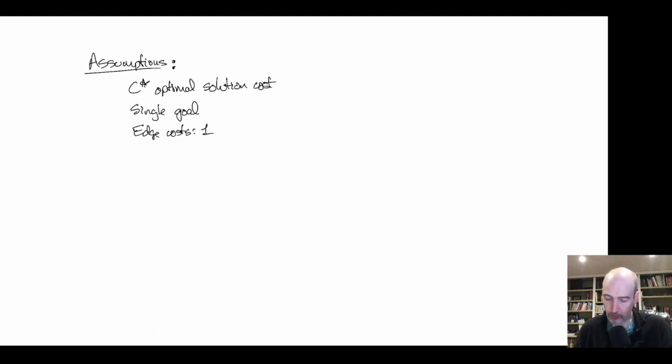We're going to assume that there is a branching factor of b. And we're going to assume that the solution depth, or in this case the solution cost, it works the same way. So it's going to be d. And of course, for the simple case, this is going to be the same as C star.